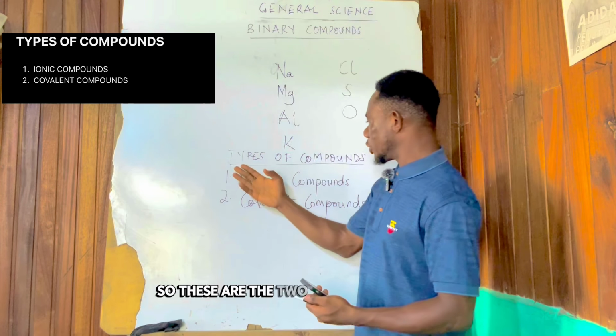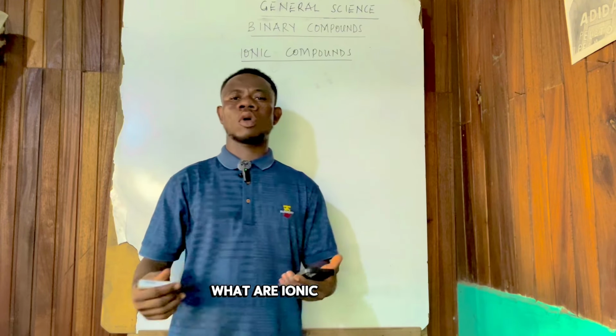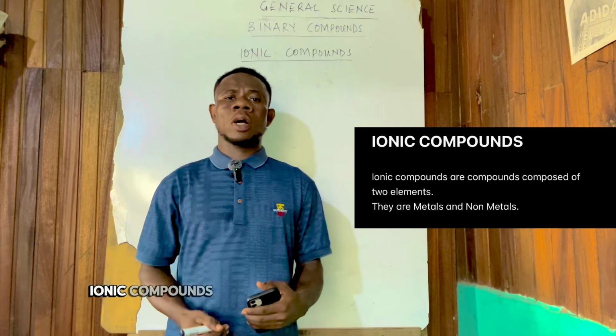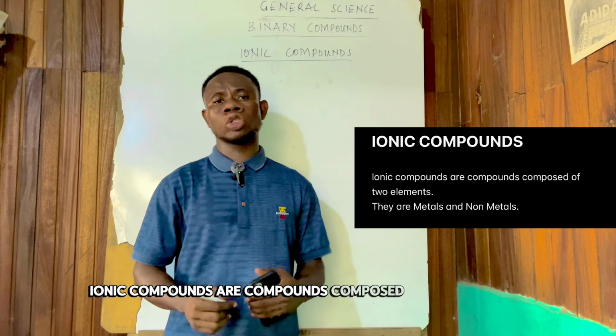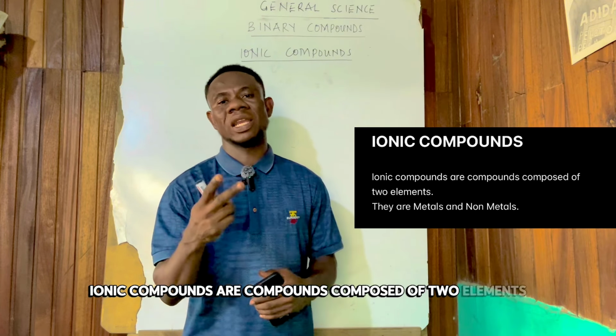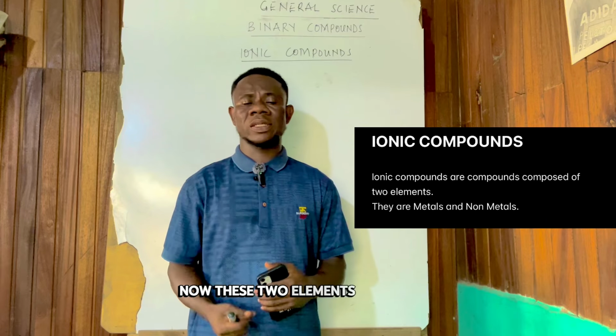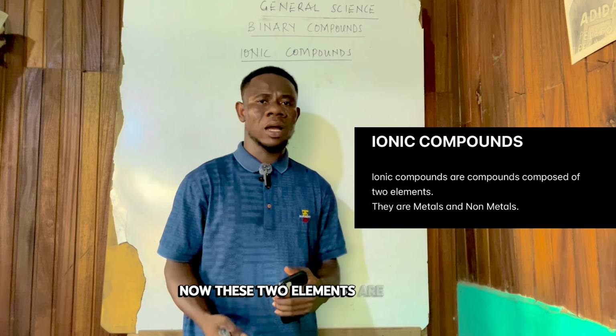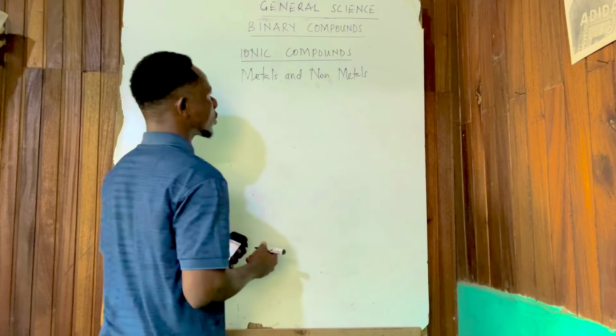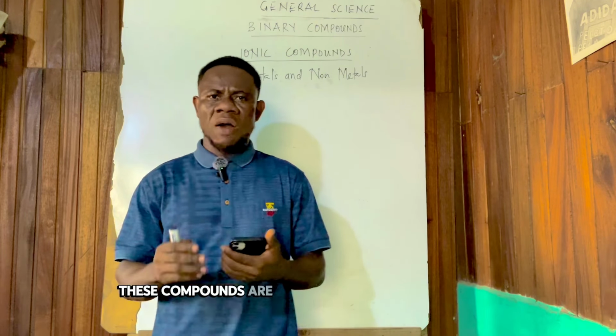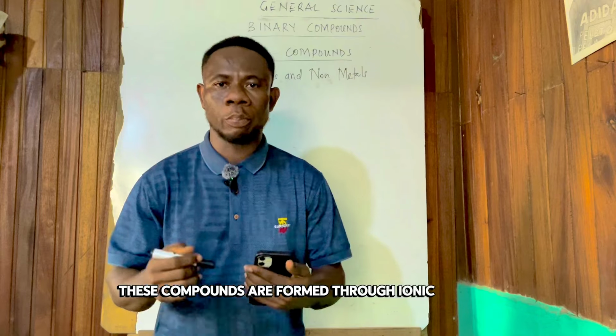Okay, so let's talk about ionic compounds. What are ionic compounds? Ionic compounds are compounds composed of two elements. These two elements are metals and non-metals. These compounds are formed through ionic bonding.